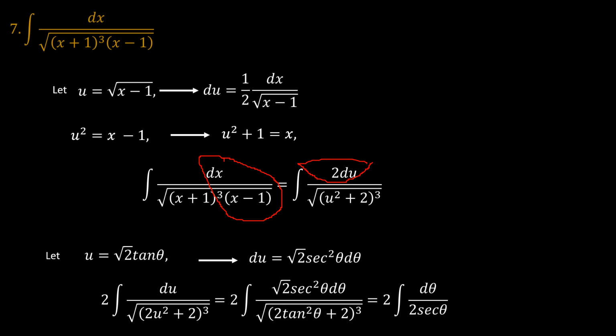Substituting everything in there, we get 2 times 2 square root of 2 sec squared theta d theta, and in the square root sign we get (2 tan squared theta plus 2) cubed, and so when you do further manipulation you get 2 integral d theta over 2 sec theta, and this is the same as cos theta, and obviously these two cancel out.